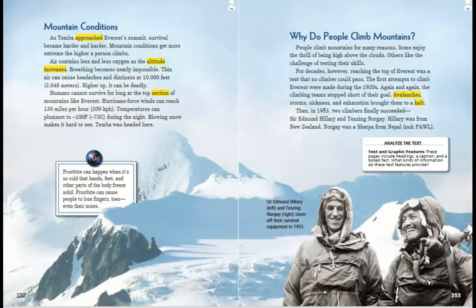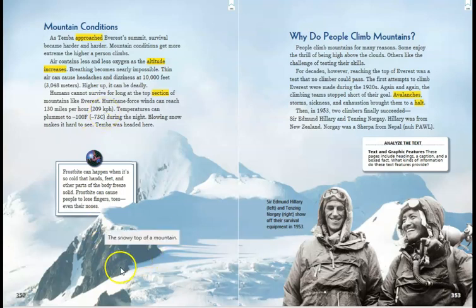So based on the type of diagrams and other text and graphic features that we've been seeing, I'm getting the idea that the author really wants us to know lots of different things about mountains. So I think the author wants us to know about what it's like on the mountains, the kind of things that we might need if we go climbing up a mountain, and also about maybe some people who have done this before.